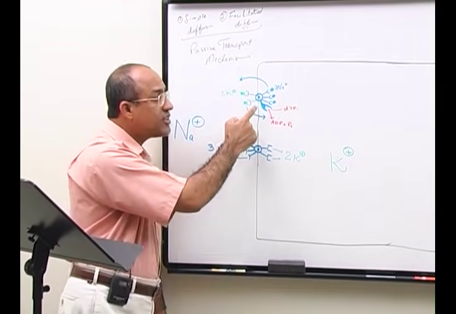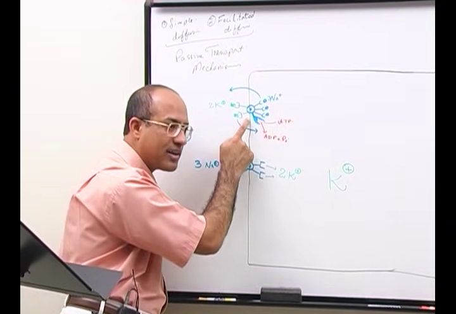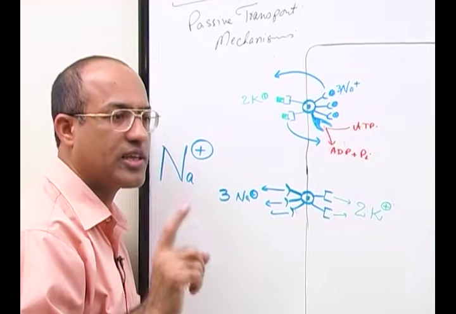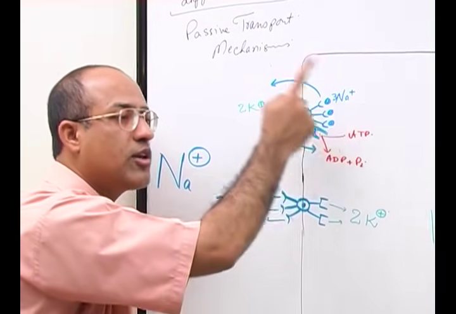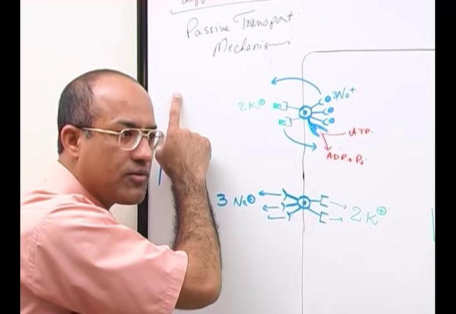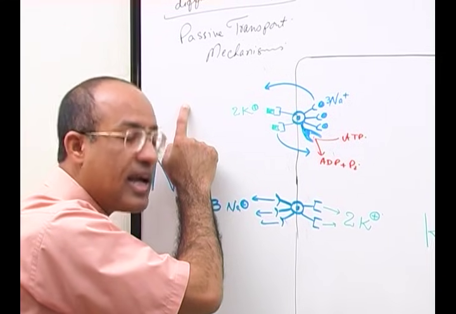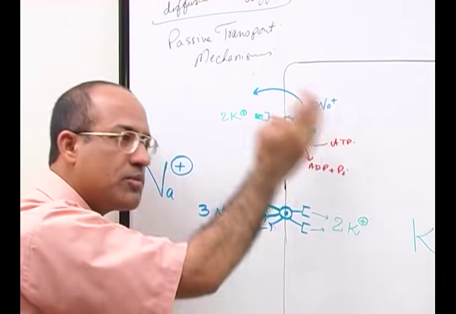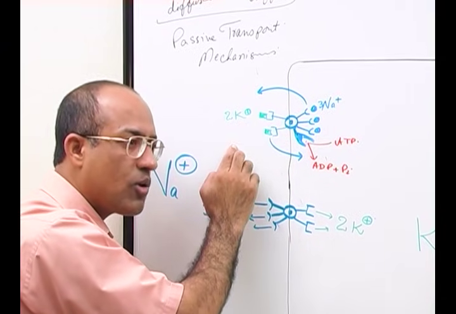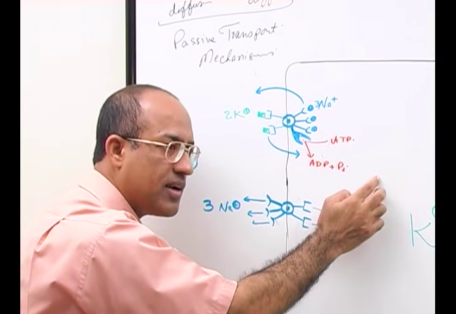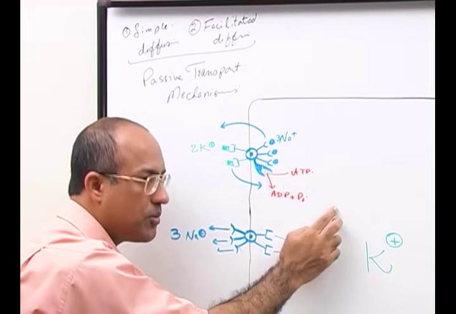So this transporter is transporting the ions against the concentration gradient, that sodium from the intracellular environment is continuously being pumped to the extracellular environment from low sodium concentration to high sodium concentration. At the same time, when 3 sodiums are pumped out, 2 potassiums are pumped from the extracellular environment to the intracellular environment, again against the concentration gradient of potassium.